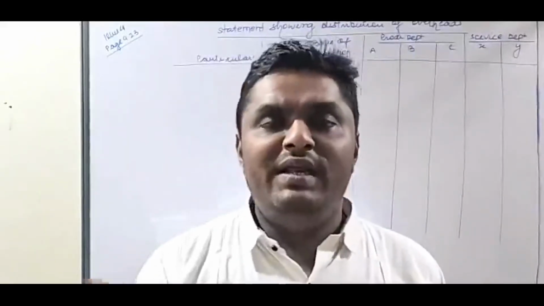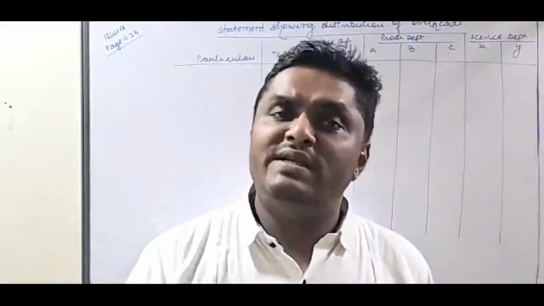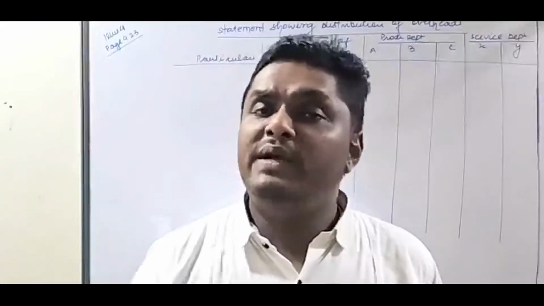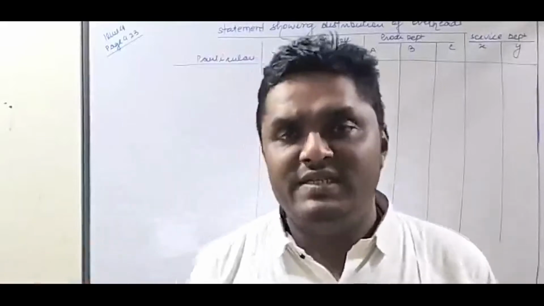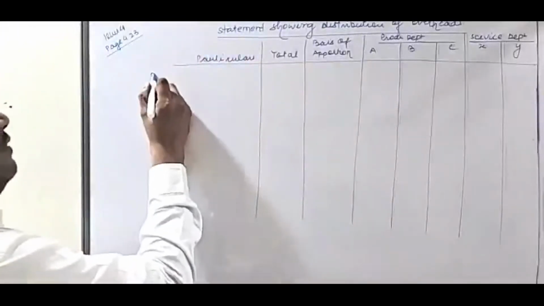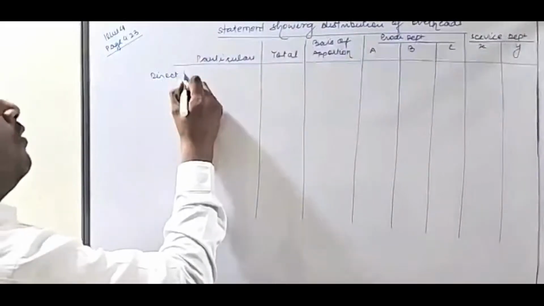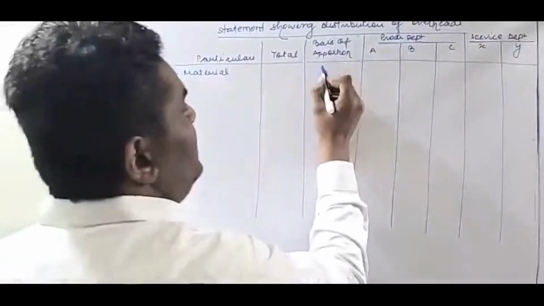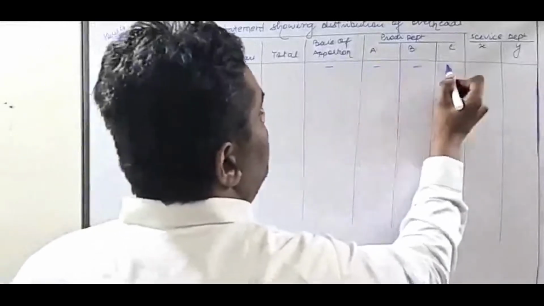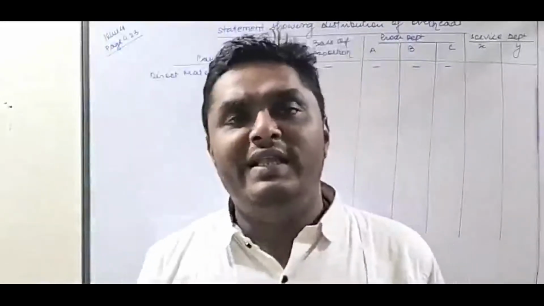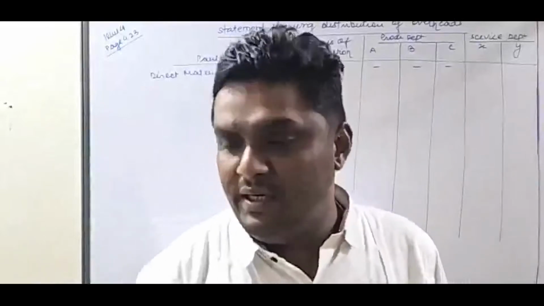See, direct material for the production department is a direct cost, and direct material and direct wages for the service department are treated as overheads. Why? I will be discussing this part separately in the next question.